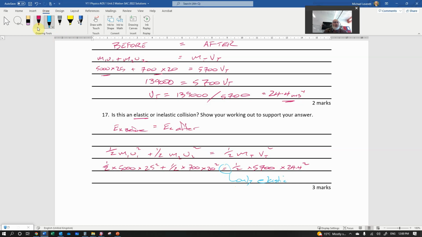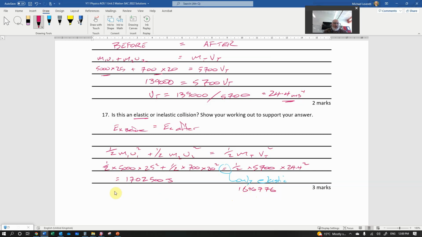Okay, so let's work out the left-hand side. Left-hand side, when you plug it into your calculator, gives you 1,702,500 joules, and the right-hand side gives you 1,696,776.